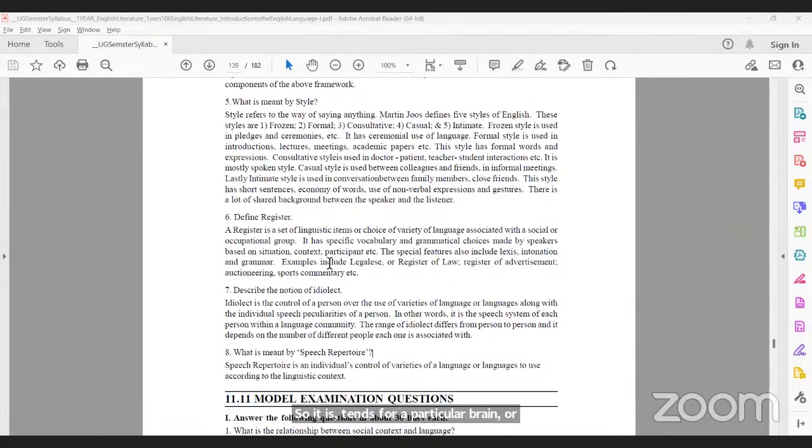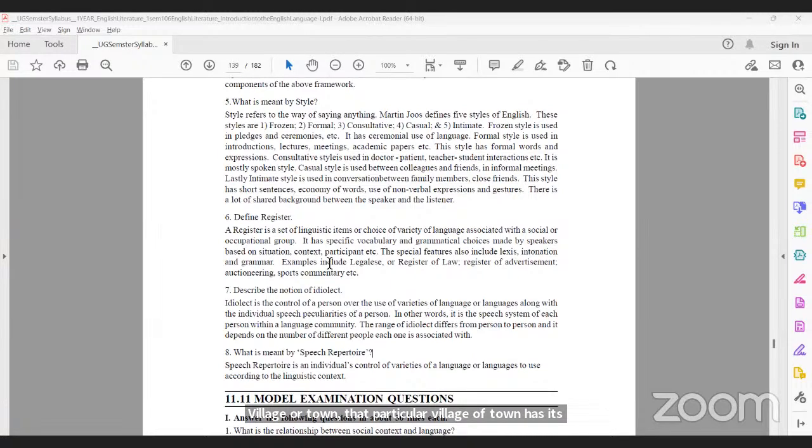So idiolect is actually a combined process when a person is choosing one way of expression of one particular language, staying within a particular society. Suppose you are staying in a particular village or town. That particular village or town has its own way of expression of a particular language.